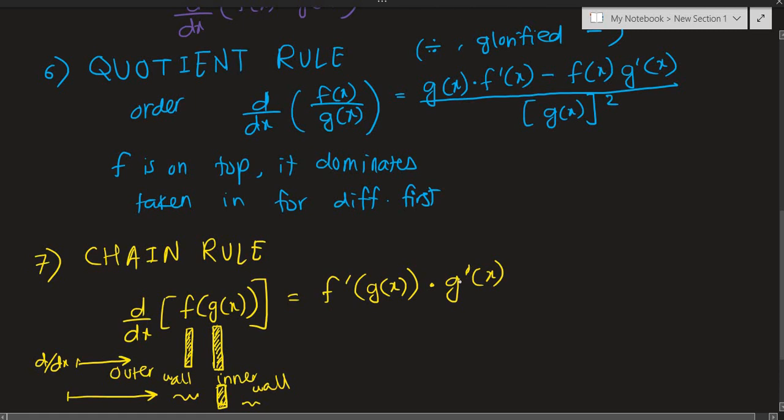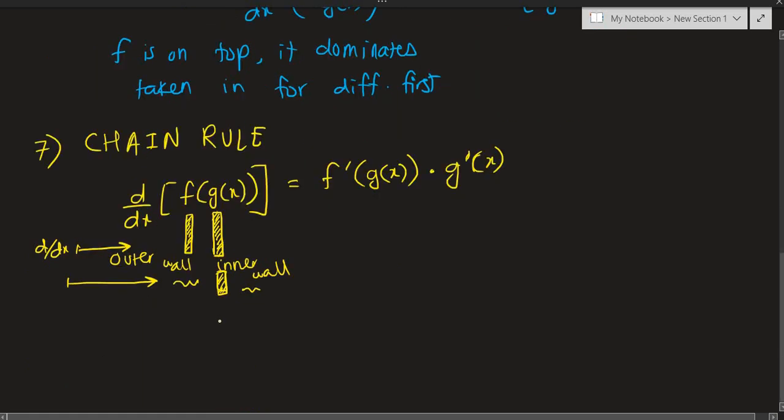So multiplied by the derivative of the inside function. Inside function is sort of an analogy to the inside wall here. So you still have to break the inside wall. Breaking the inside wall is basically differentiating the inside function with respect to x.